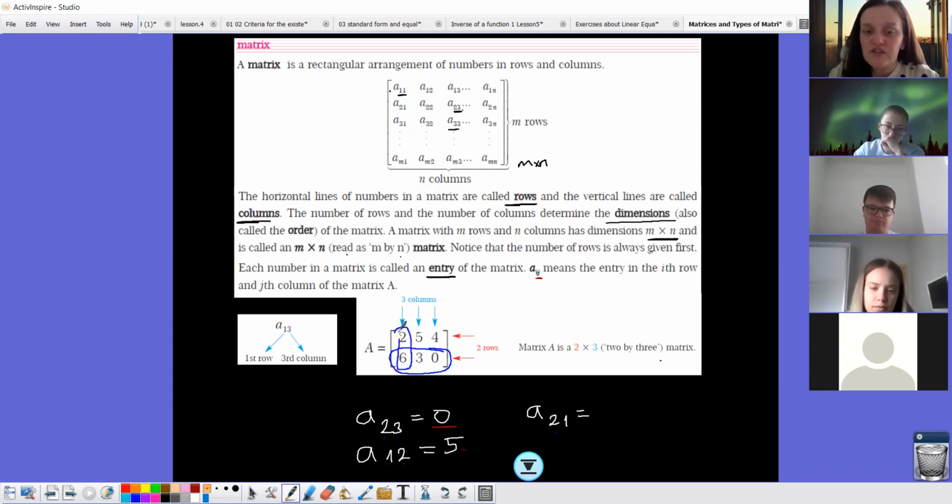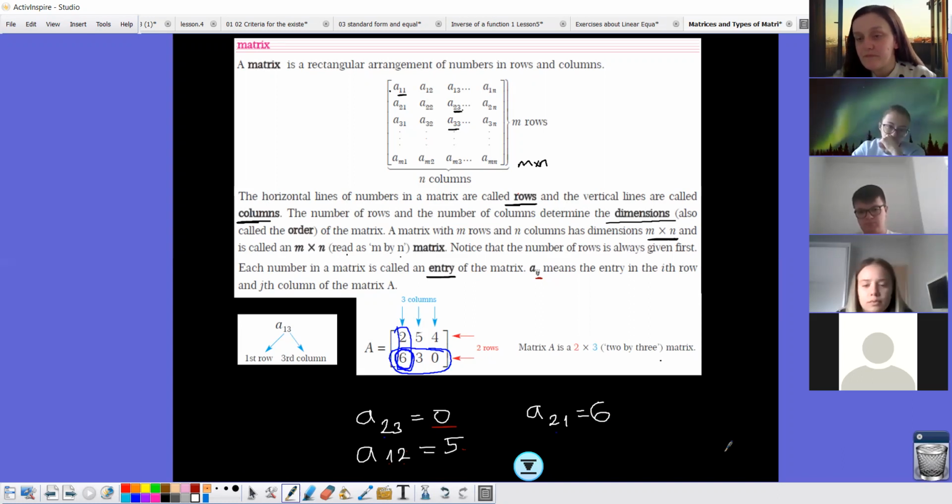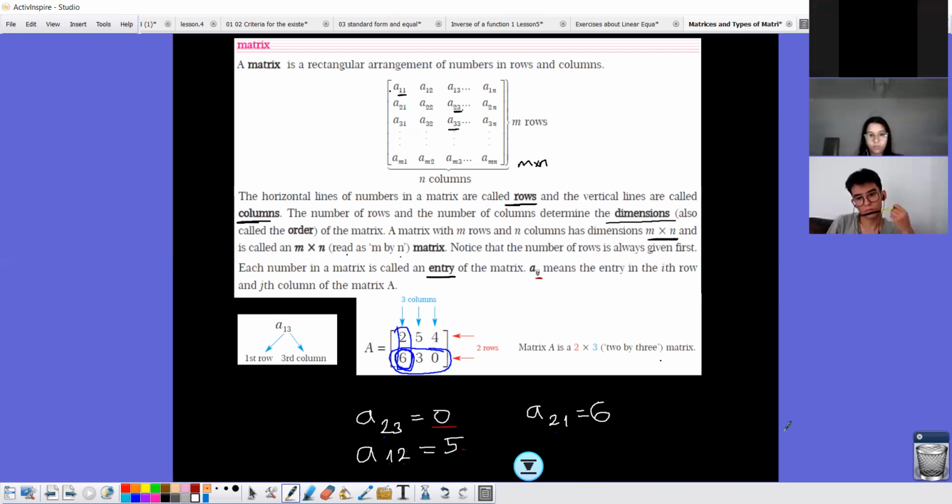What is the intersection of these two? 6. So A21 is 6. Okay? Yes, teacher, okay. If it's not okay, please tell me again. I will not continue because if you do not understand this part, it will be harder to continue for the next topics. Teacher, can you give another example?